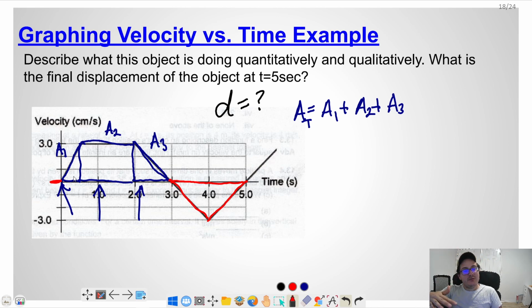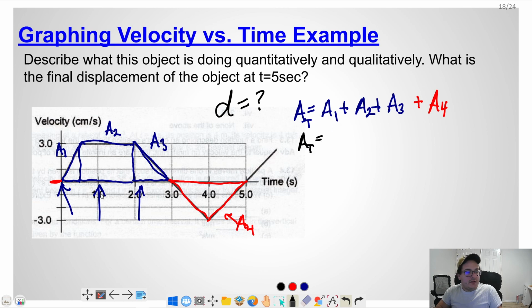If it's below 0, your displacement is negative. So area total is going to be A1 plus A2 plus A3 plus this A4, and we'll call this the whole one A4. And you're like, but wait a second, you just said it was negative. Watch the math magic.